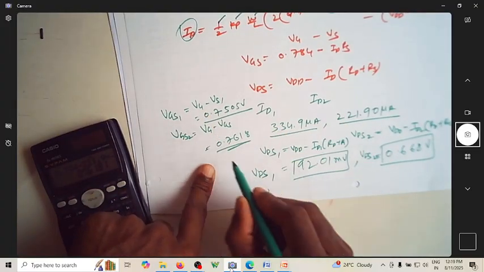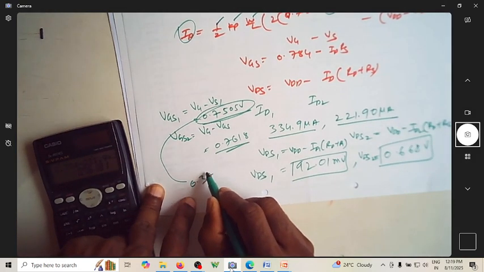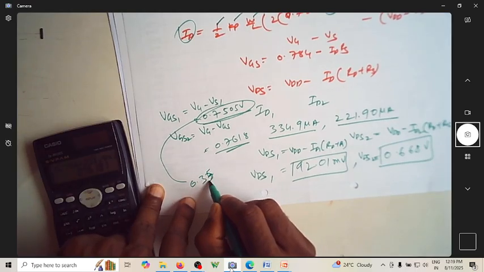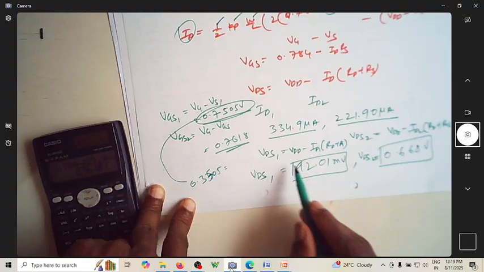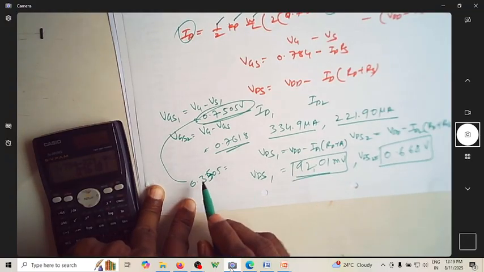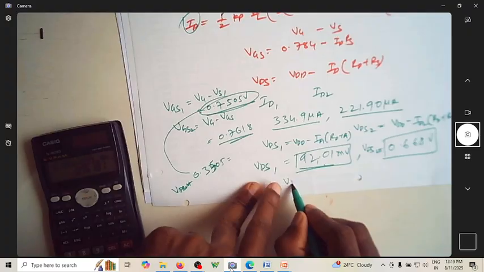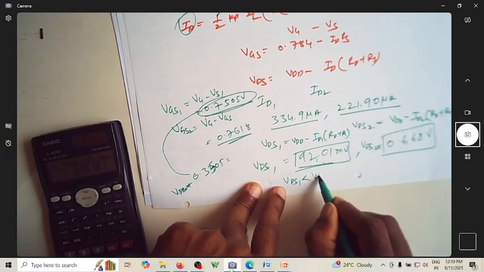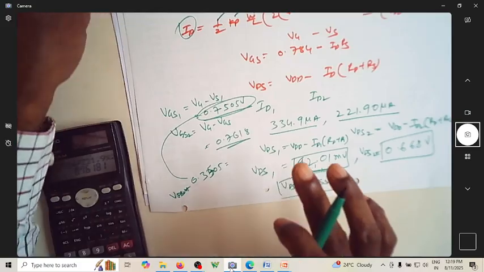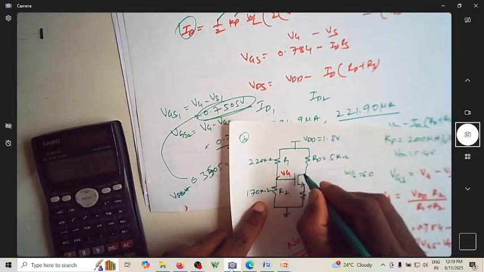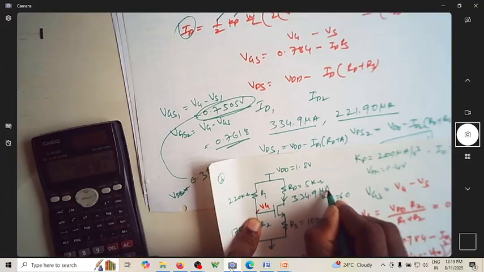So naturally, what is VDS sat? VDS sat is 3505. So this is VDS sat, this is VDS. VDS1 is less than VDS sat1, so the current flowing through this MOSFET in this case happens to be 334.9 microampere.